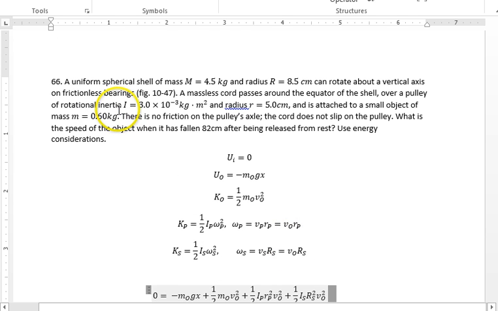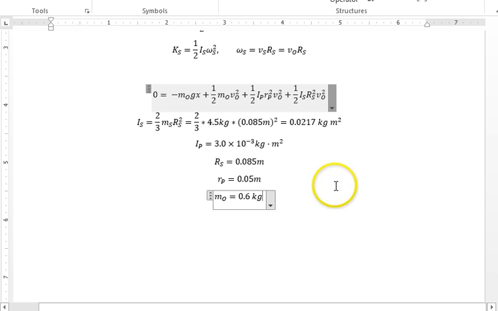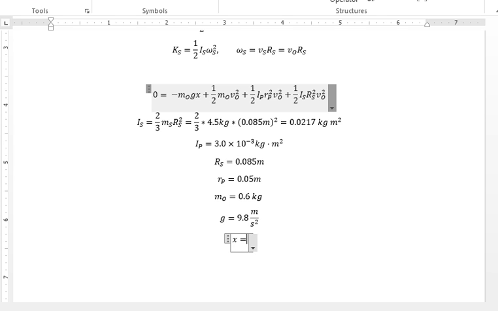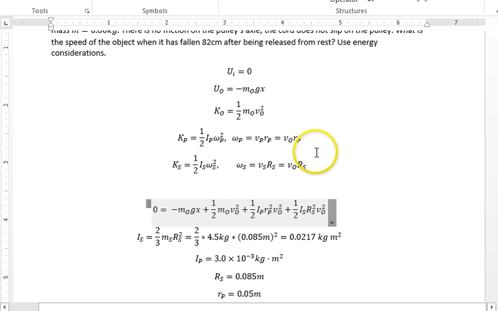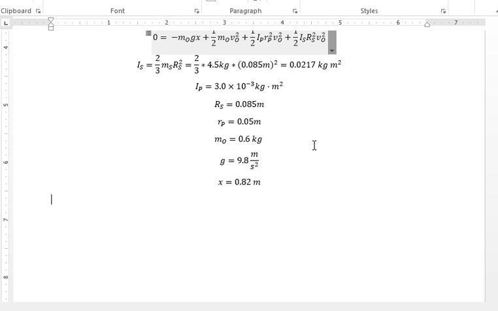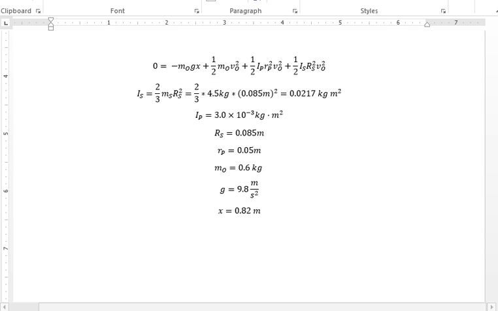Mass of the object, radius of the object, we included that. Of course, g is 9.8 meters per second squared, and we're doing this at x equals 0.82 meters. I believe that is everything, right?